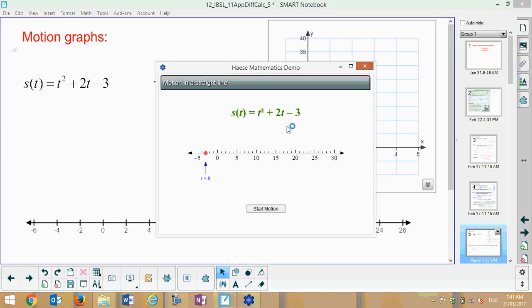So here's the function and here's our point. It's moving in a straight line like that. Now that's quite hard to see. We can see it's getting faster at the end, but it's hard to see much more.